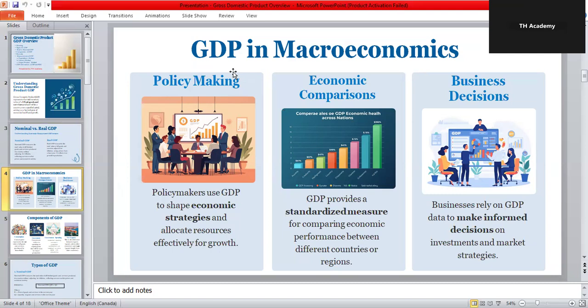Economists also use GDP to compare one country with another, just to see which economy is stronger or growing faster. And for businesses, GDP helps them plan. If GDP is rising, companies might invest more or expand. If it's falling, they might hold back. So GDP helps everyone, governments, businesses, and economists, understand the direction in which the economy is moving.